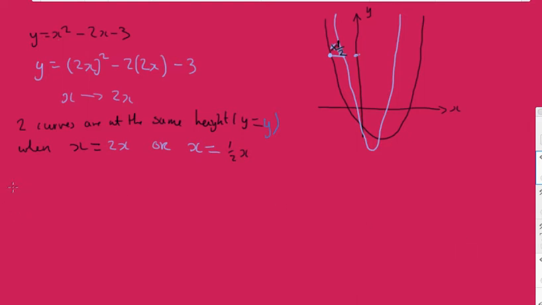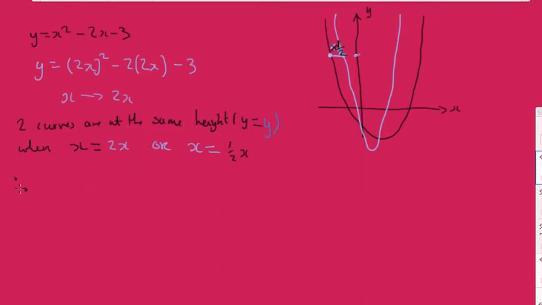This means that the heights of the two graphs are the same when the blue curve has half the horizontal displacement from the y-axis as the red curve.